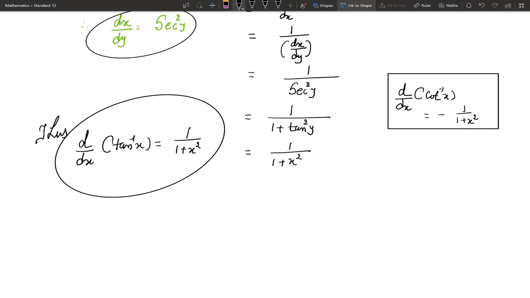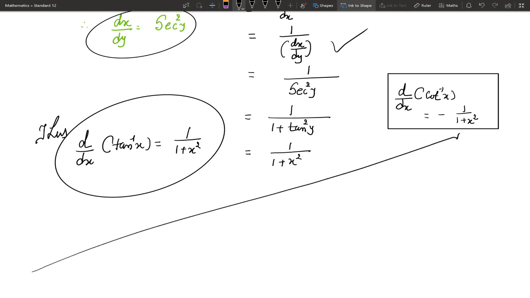To derive this, either use this method or there is an alternate method. If you have the result of d by dx of tan inverse x, using it also you can derive d by dx of cot inverse x.